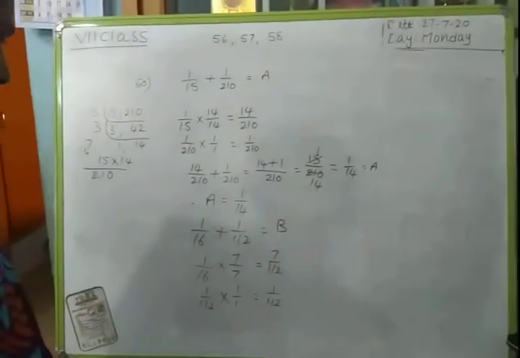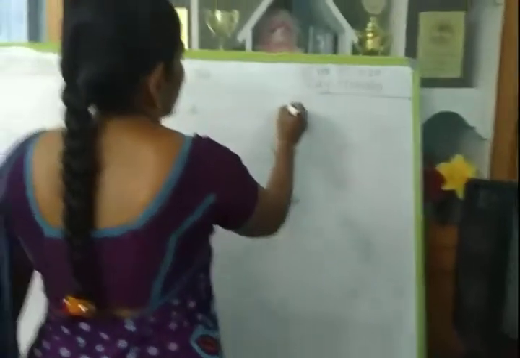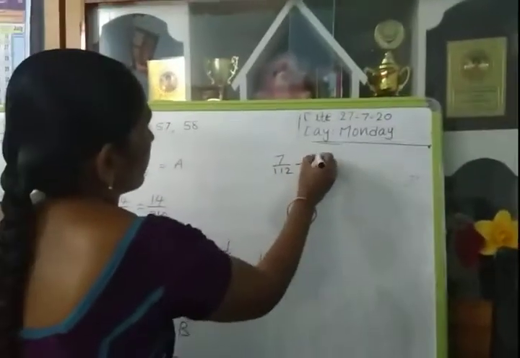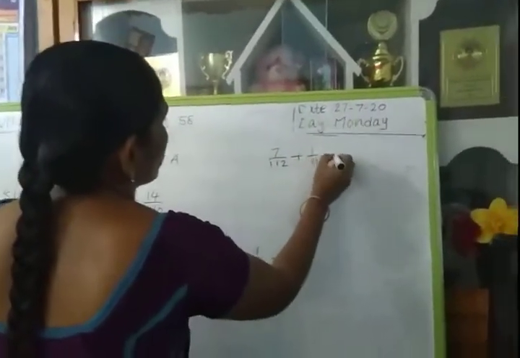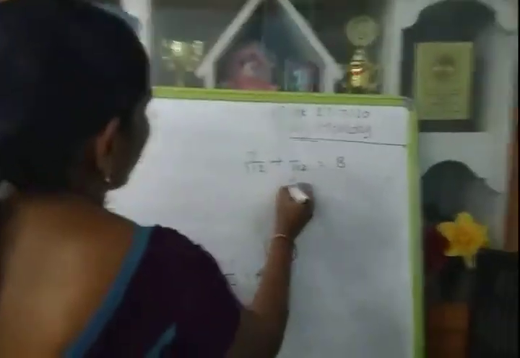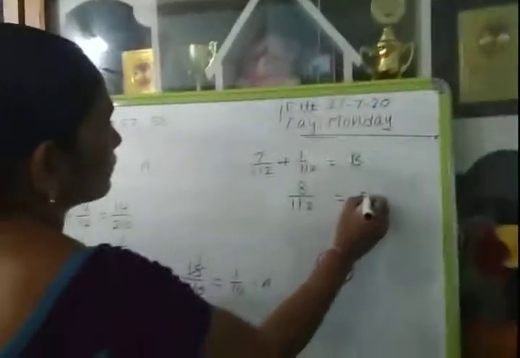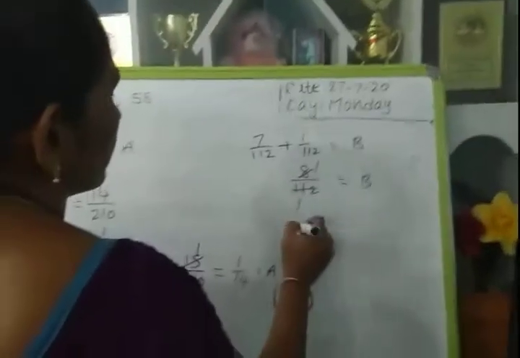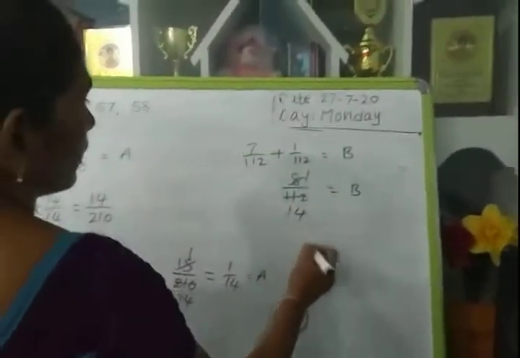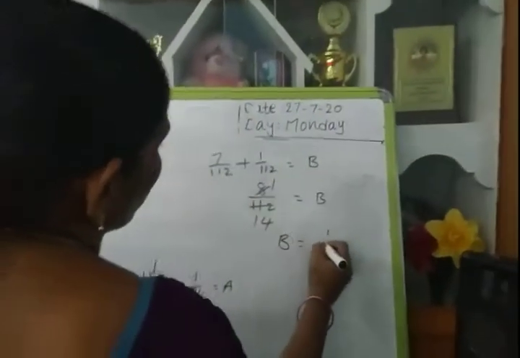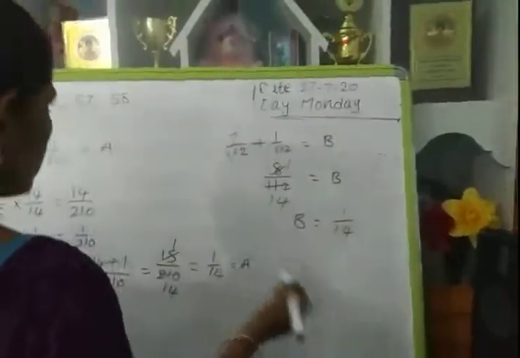So what will you get? 7 by 112 plus 1 by 112, that is 8 by 112. So 8 ones are 8, 8 14s are 112. So the B value we get is 1 by 14. Then the C value.